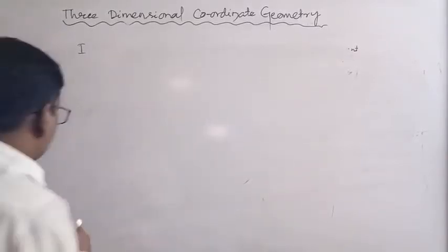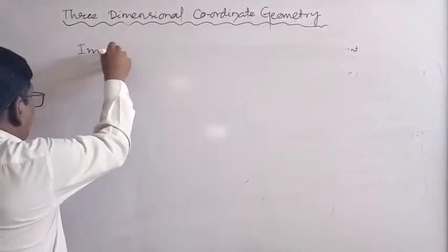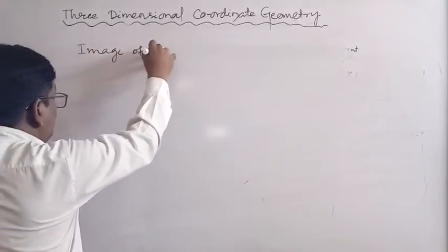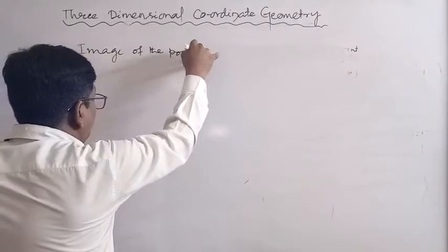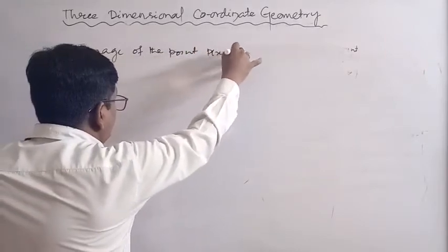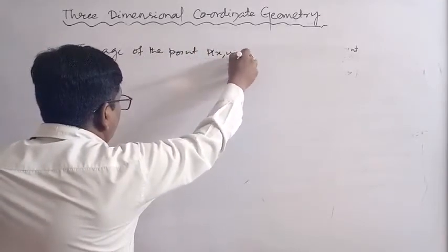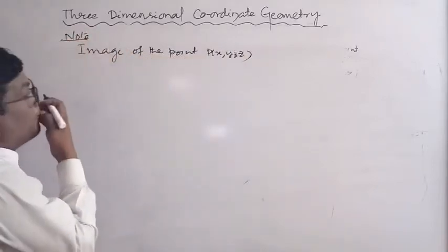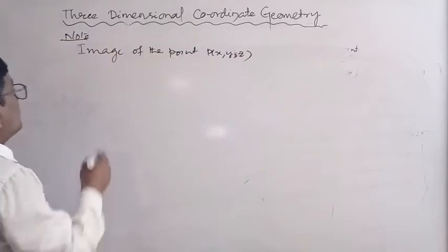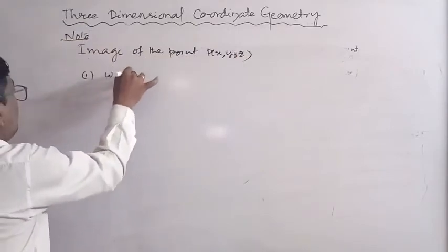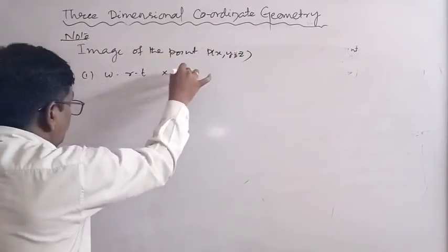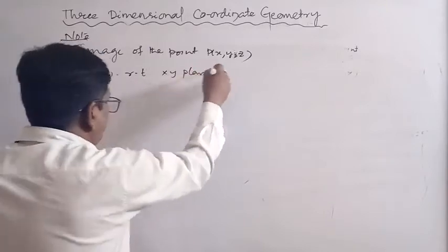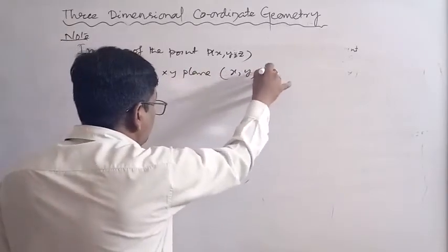Now the image of the point P(x, y, z) with respect to the xy plane, number 1, that is x, y, minus z.